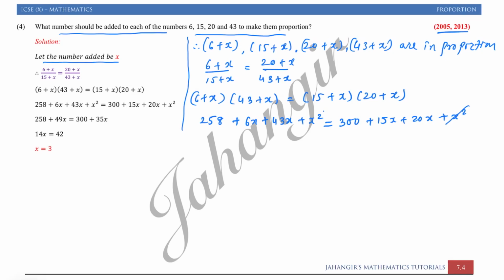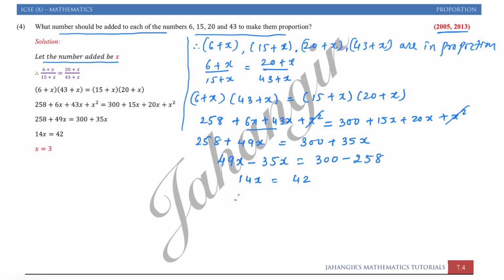So you can cancel x square on both sides. 258 plus 49x is equal to 300 plus 35x. So bringing like terms together, 49x minus 35x is equal to 300 minus 258. Subtracting, you will get 14x is equal to 42. So therefore x is equal to 3. This was quite a simple question.